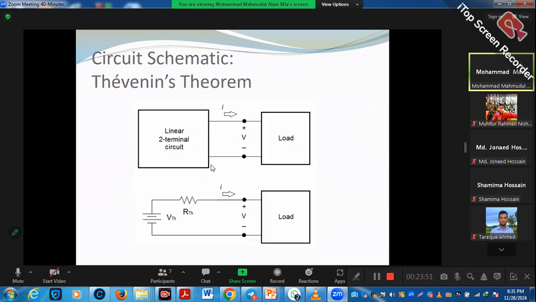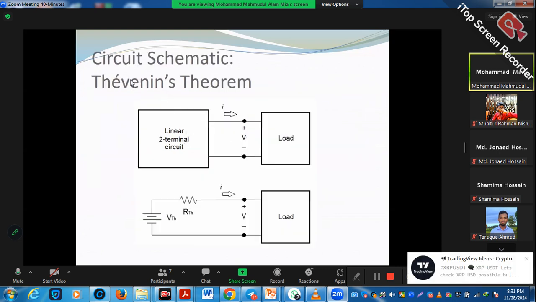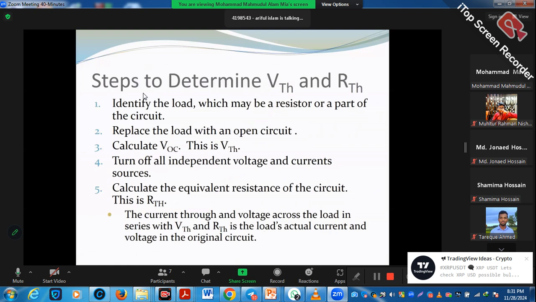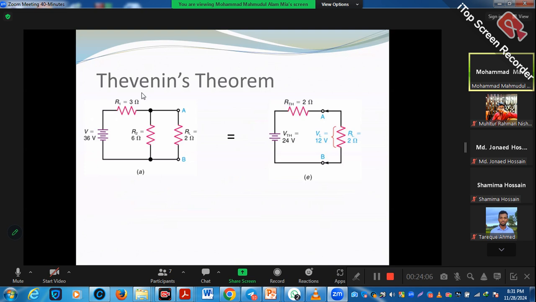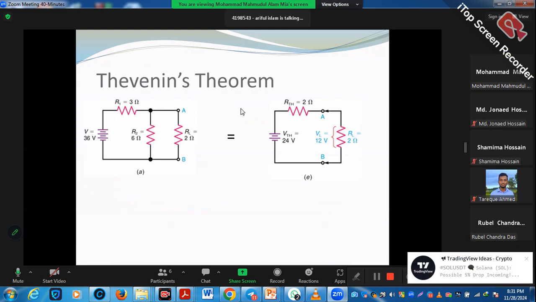Just hold on. Can you explain this one? Thevenin theorem. We know Thevenin theorem.